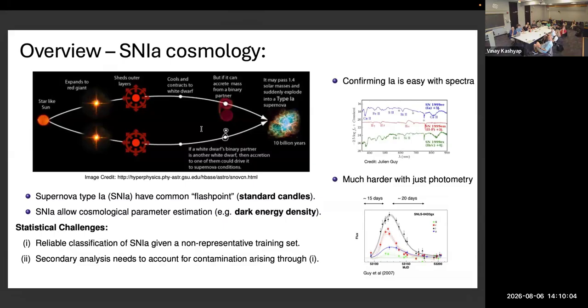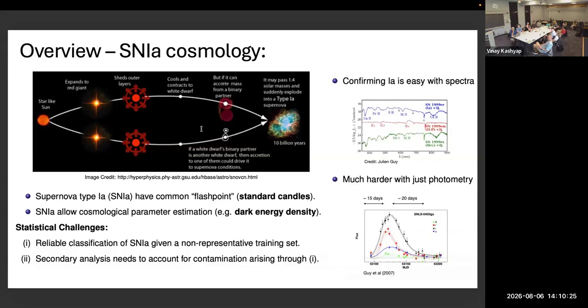I think everyone here has seen SN1As and how we can infer cosmological parameters from supernova type 1As. Unfortunately, only for a small subsample of 1As do we have spectra, in which case we can classify them reliably as type 1A or anything else.